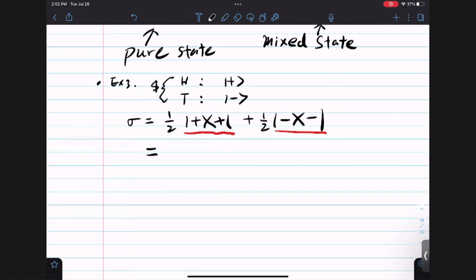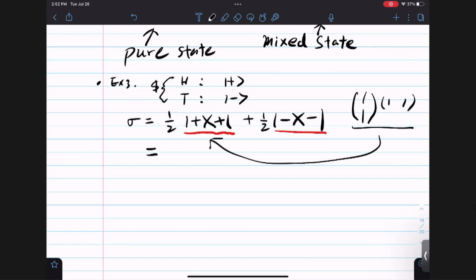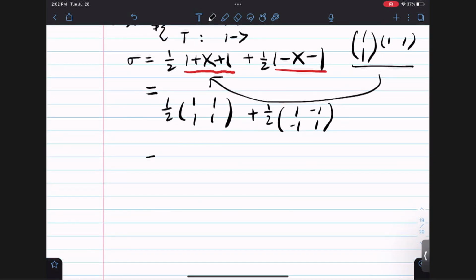So again, what is plus? It's 1, 1, and row vector 1, 1. So this will give us this outer product. If you just do the calculation, it's going to be all ones. And the outer product of ket minus will be something similar with additional signs. And if you add them, you can see this is half of identity.